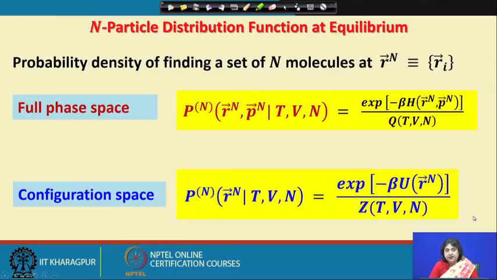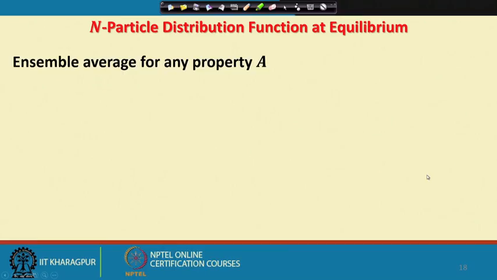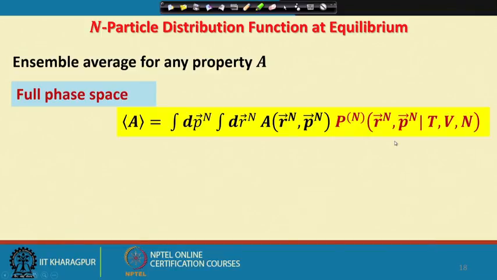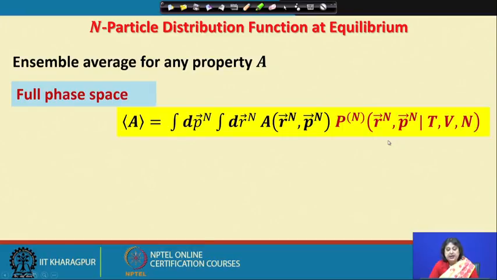And now you understand the relevance of the name configuration integral. Now, what is the outcome? The outcome of this definition is, if I want to calculate some ensemble average for any property A, if I am using the full phase space, in that case I will be using the full phase space probability density.